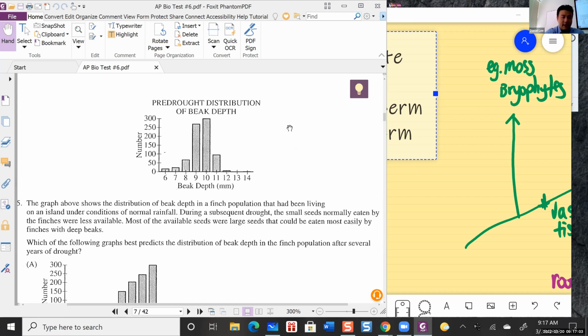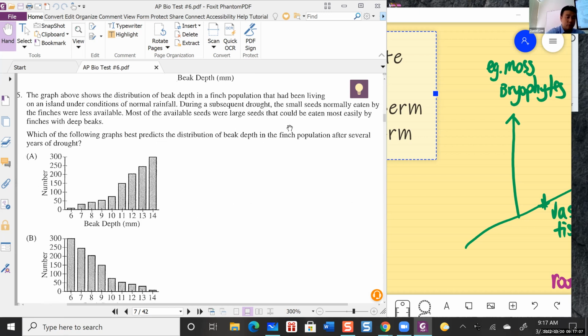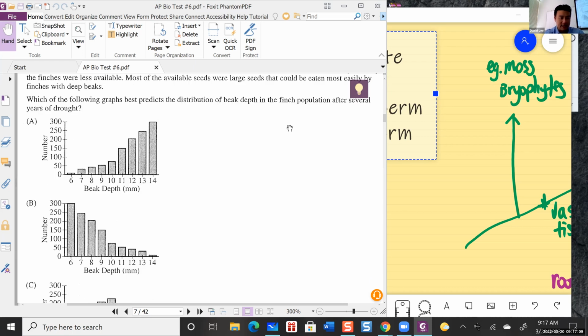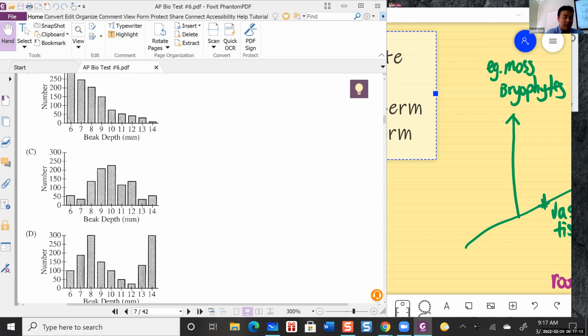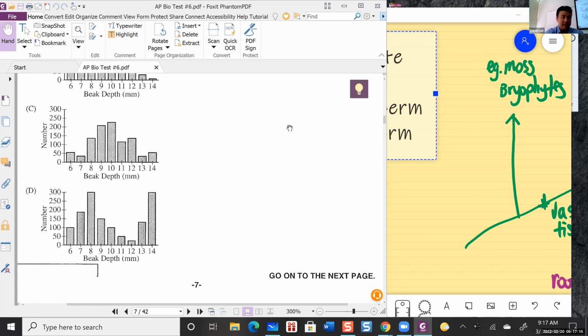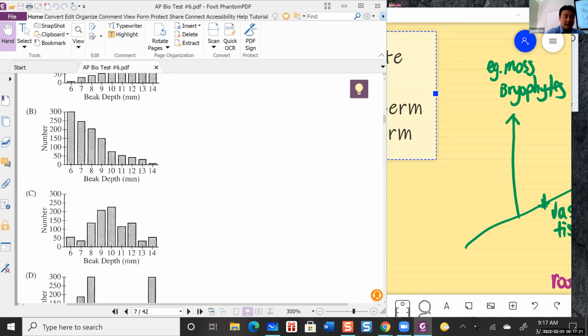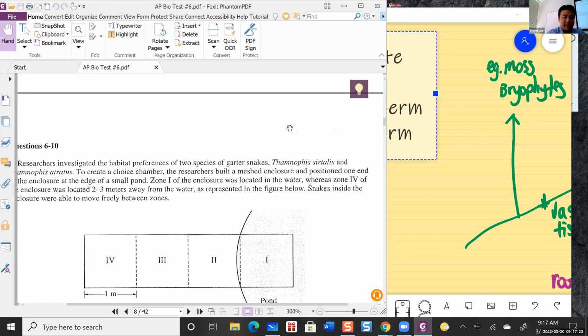Very few were actually 12, 13, 14. But when there's a drought, 12, 13, 14 are selected for, and they're more competitive. So that's the only one. If you look at D, D is more like disruptive, where you're favoring both extremes. I just want to point that out. So, 3 types of natural selection.